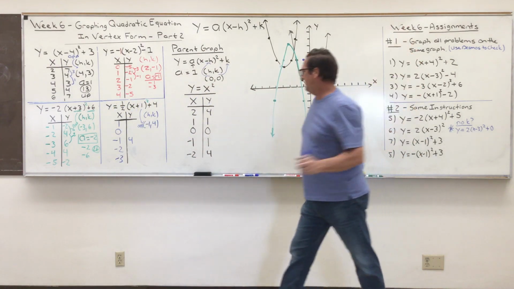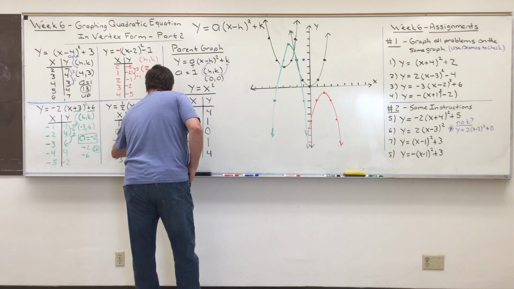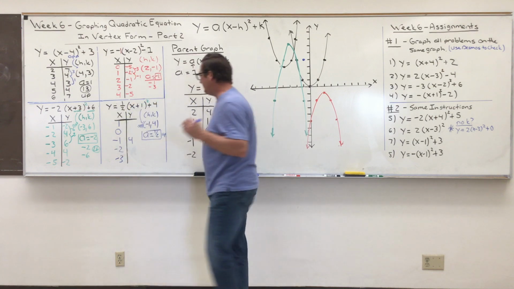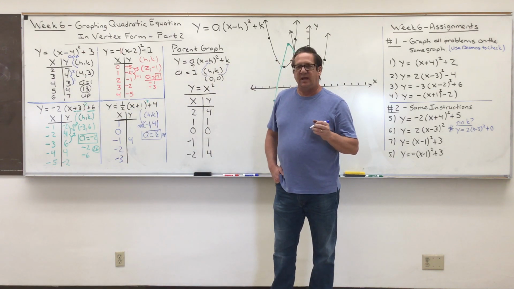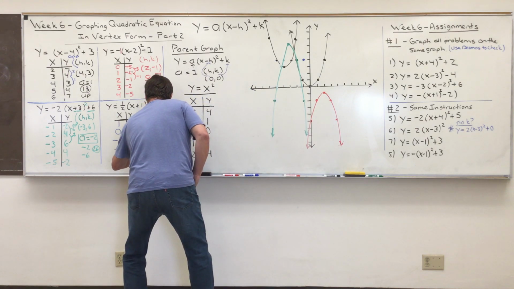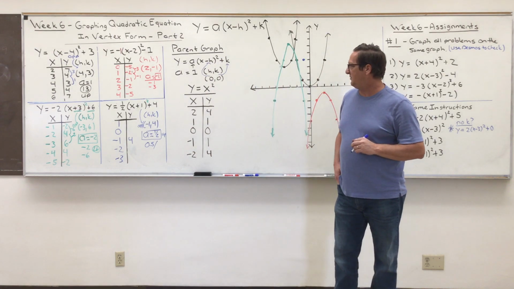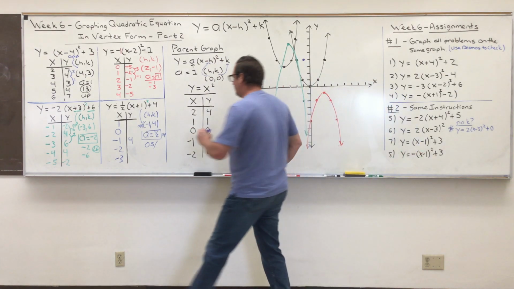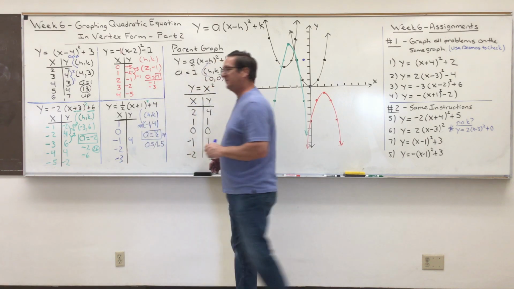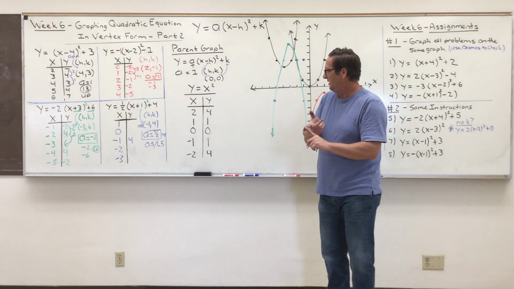We are going up. A is positive. And we're going to go up 0.5, and we're going to go up 1.5. That's half of 1 and half of 3.